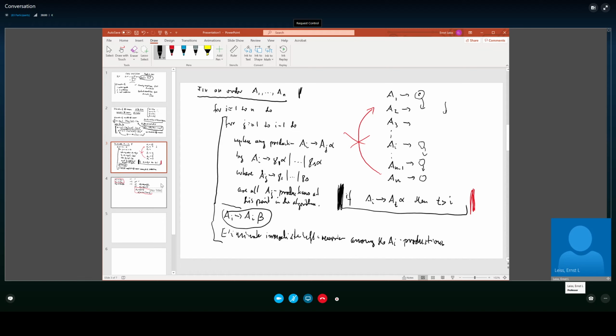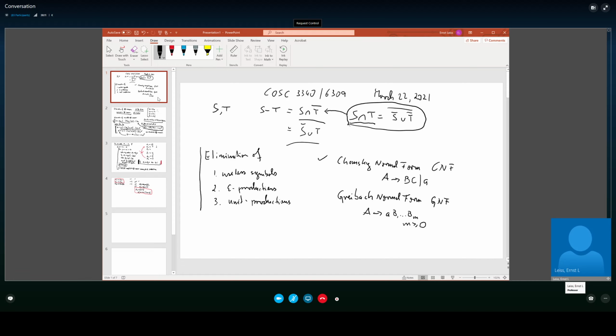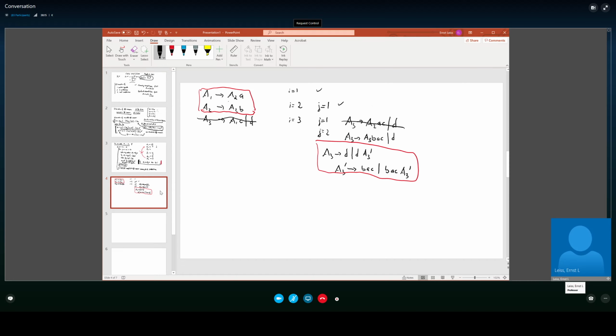And now we have actually done most of the heavy lifting already to get Greibach normal form. Because what we really need is to make sure that everything starts with a terminal. We know already for the A3s that they all start with a terminal.